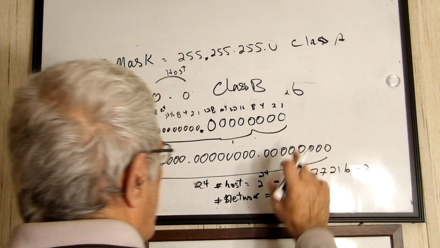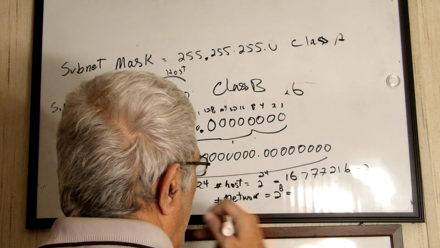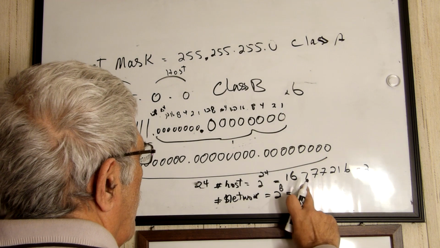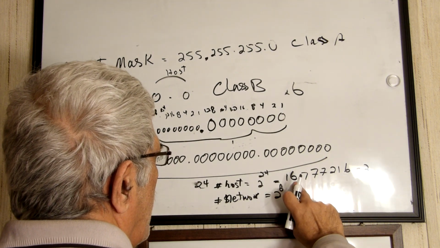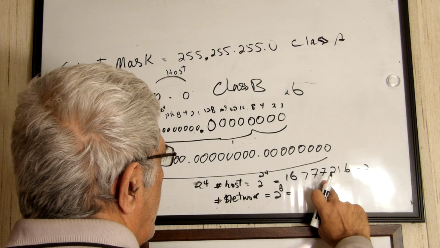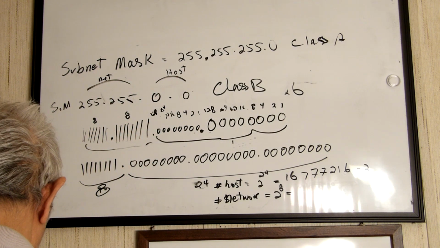Minus 2, because we talked about why minus 2: one of them belongs to the network and one of them belongs to broadcast. So the actual number of usable hosts is going to be 16,777,214.